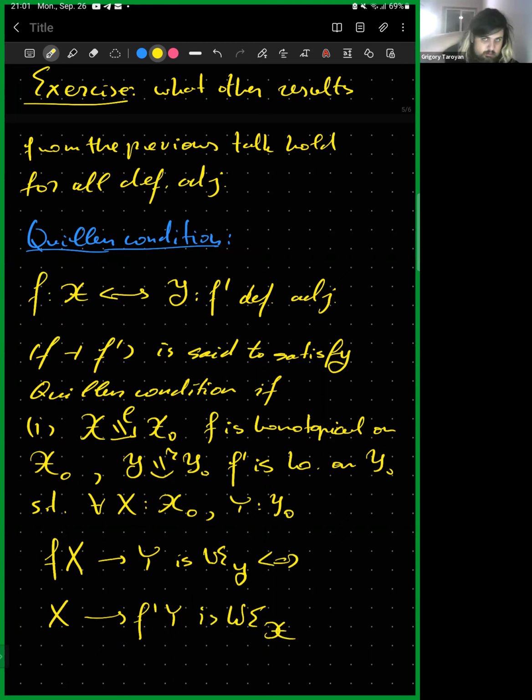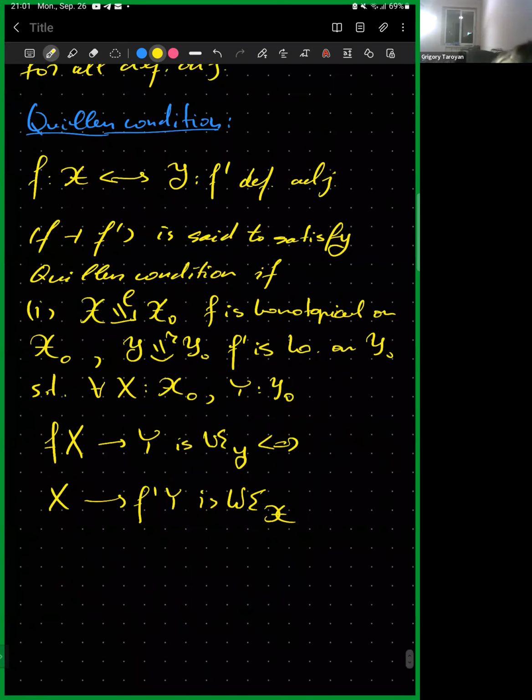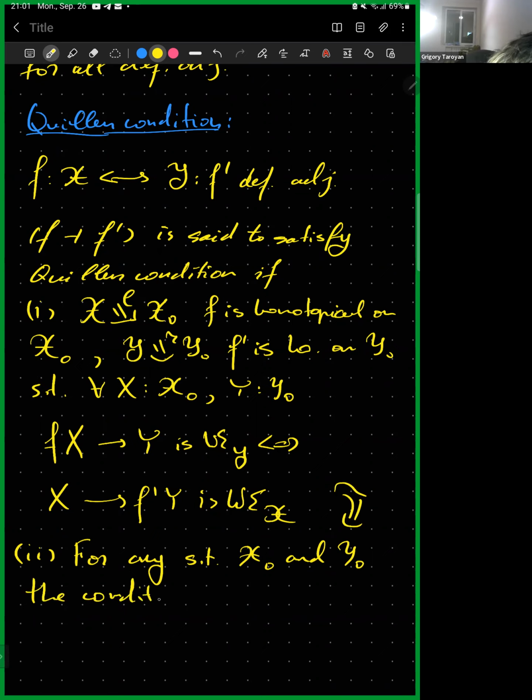And this condition is equivalent to the requirement that for any such x, y, and X0, Y0, the condition holds.